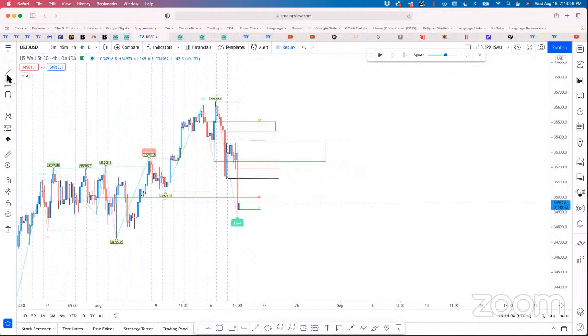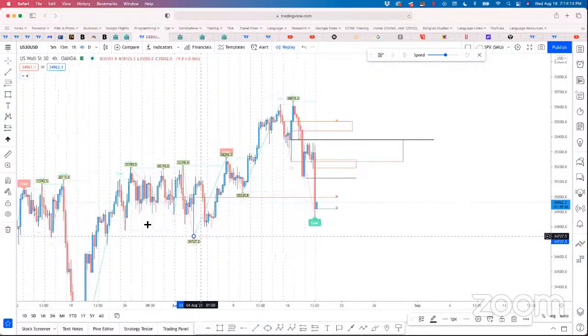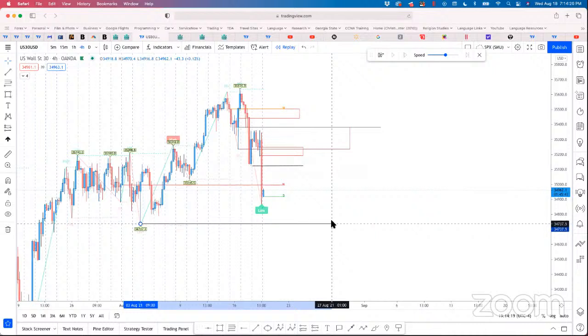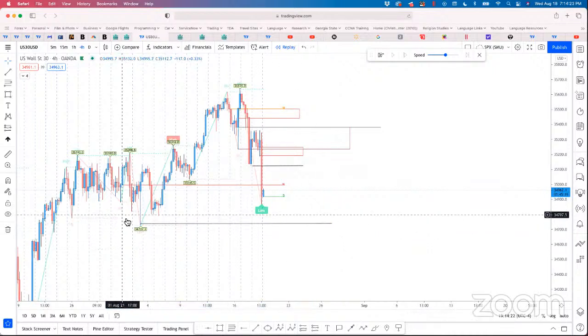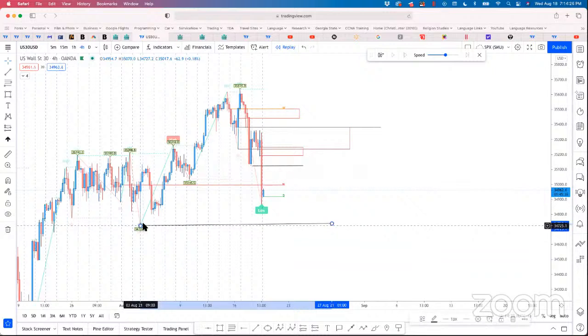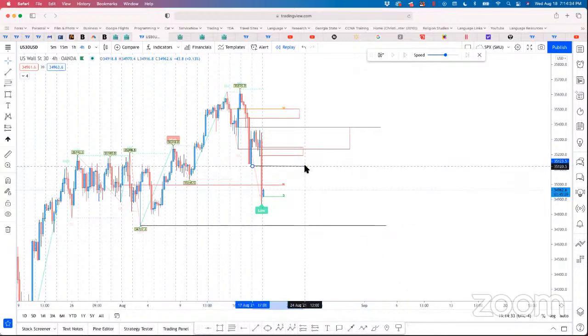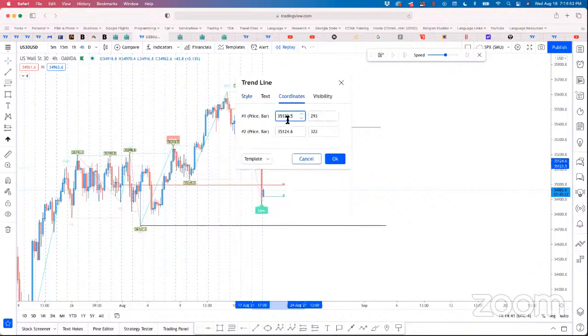From a seller standpoint, you are looking at this low right here. This is the area of liquidity right here. You're looking to see how price reacts in this area, and how price reacts will determine whether this is going to be continuation or a rejection, right?